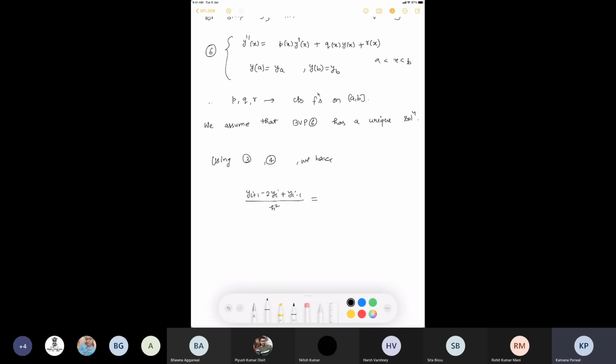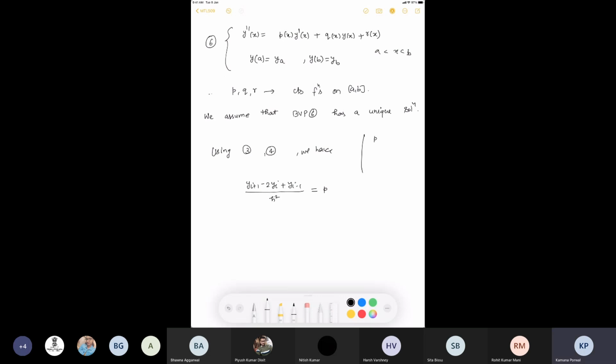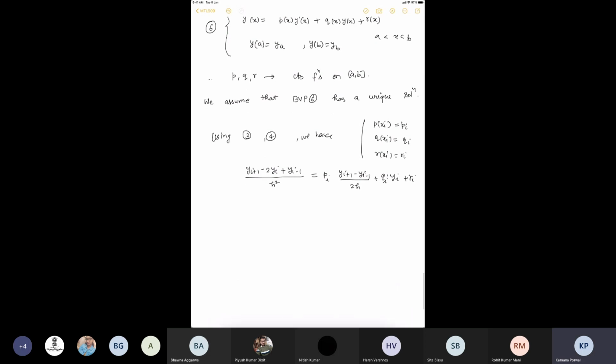And in the right hand side, this is going to be p at xi. Let me denote p at xi as pi, q at xi as qi, and r at xi as ri. So we'll have pi times (y(i+1) minus y(i-1)) divided by 2h, plus qi times yi plus ri. Okay, and i is going to range from 1 to n minus 1.